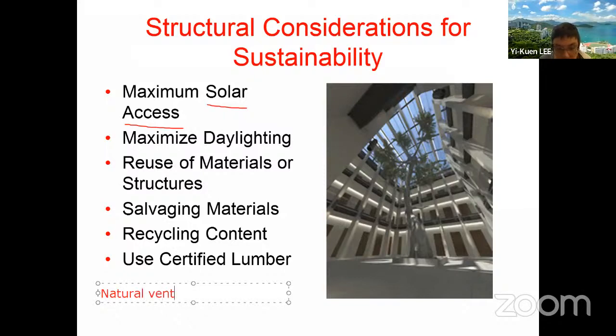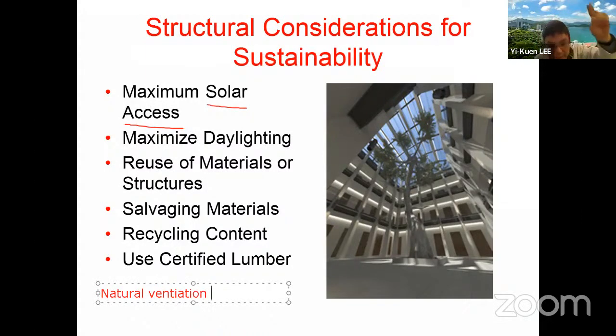ventilation. That means once you have solar radiation, what happens? The radiation will heat up some part of the air inside the building, so the density of air inside the building may be different, and then you can create a circulation of air.